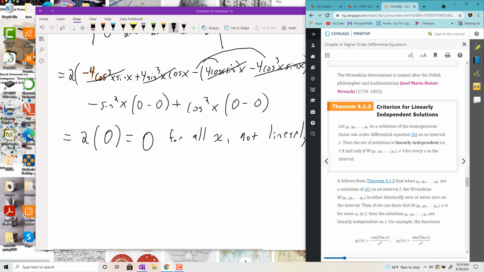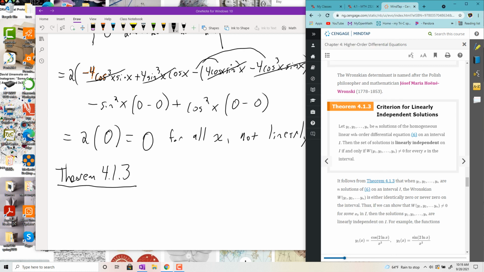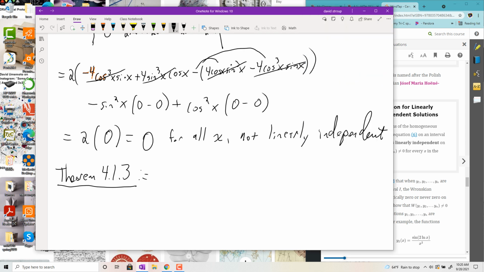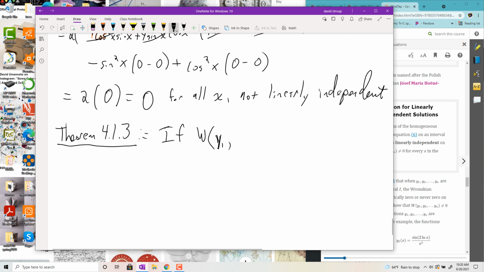So that brings us to 4.1.3 then, which basically says you can use the Wronskian to test a set of solutions to see whether or not they are a nice independent set. Okay? So theorem 4.1.3 says if you put all of these solutions into the Wronskian, so pretending that W of these solutions is basically you're putting these y1, y2 into a big matrix kind of thing, like above.